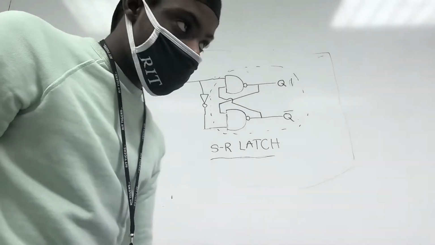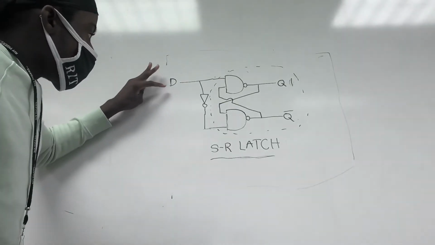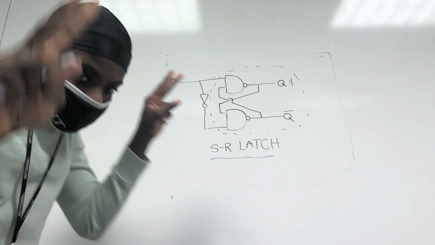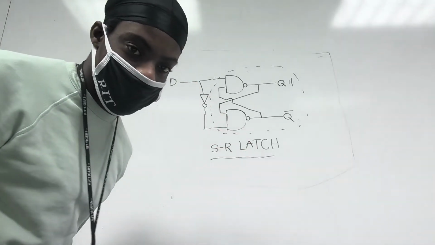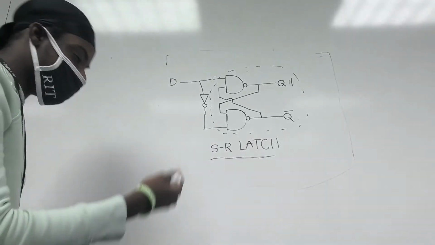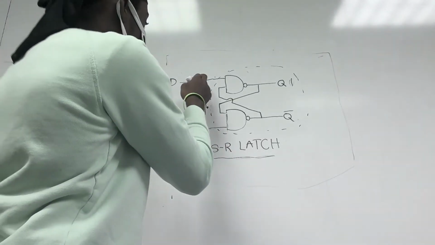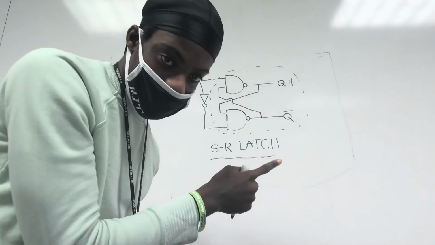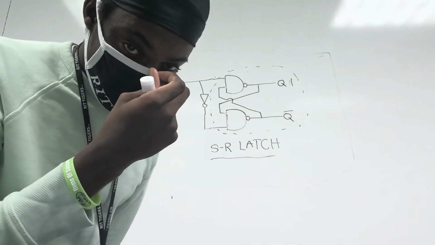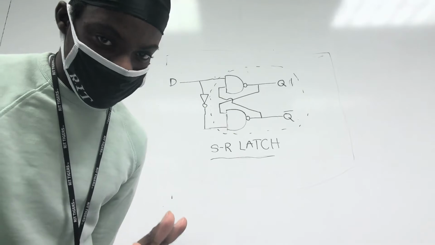So now S, in quotes, and R can never be the same thing. And that's a good thing because as I said, if these were both zero at the same time, you have a race condition, which is bad. And that's just what you have to know about race conditions for now.